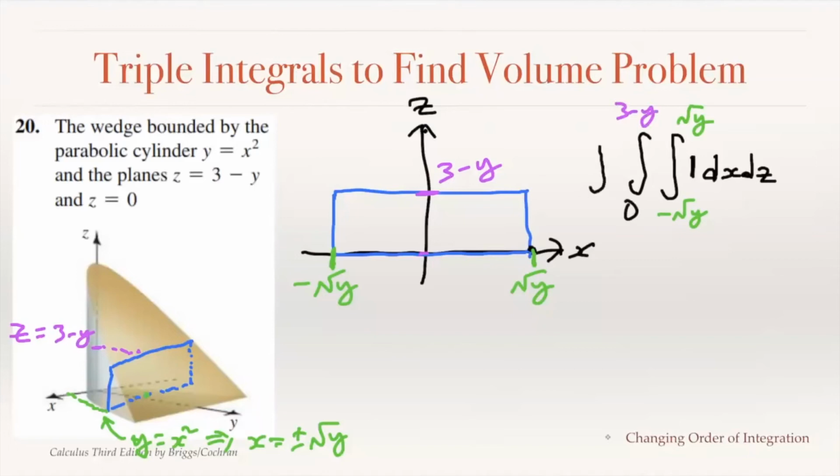And y goes from 0 to, what is this point here? Well, that's where z equals 0. And that means that y is 3 at that point. So y goes from 0 to 3.